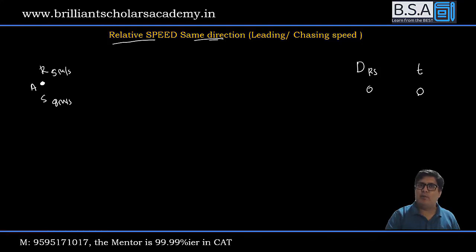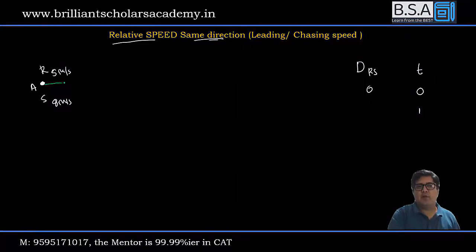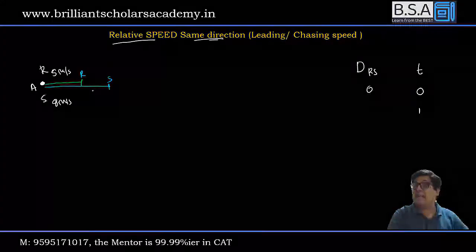Time is also 0. If I give 1 second to both of them, Ramesh would have covered 5 meters, Suresh would have covered 8 meters. So what is the gap created? The gap created is 3 meters.